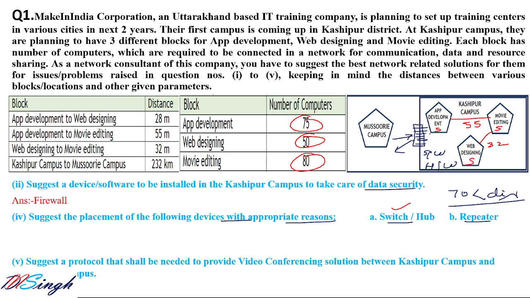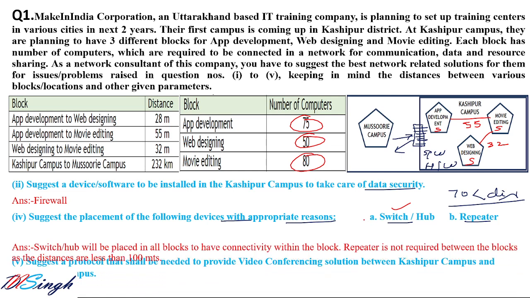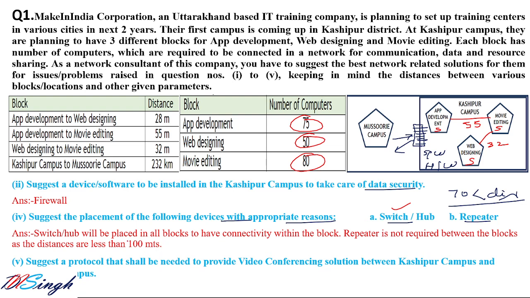So all the blocks require switch or hubs, and their job is to connect multiple computers together. In your lab also you can see that computers are connected through switch or hub. Fine, so this is the answer. Switch or hub will be placed in all blocks to have the connectivity within the block. Repeater is not required between the blocks as the distance is less than 100 meters.